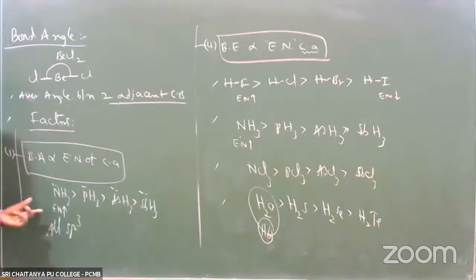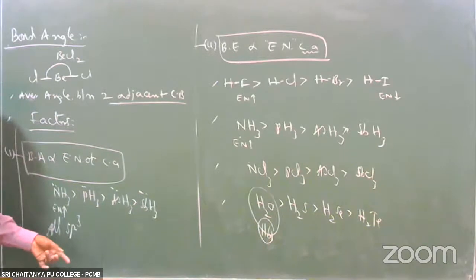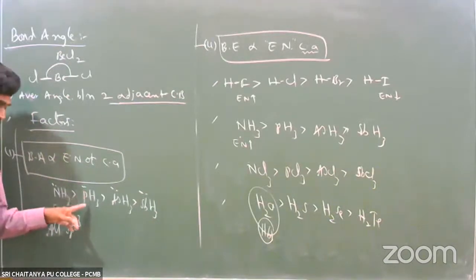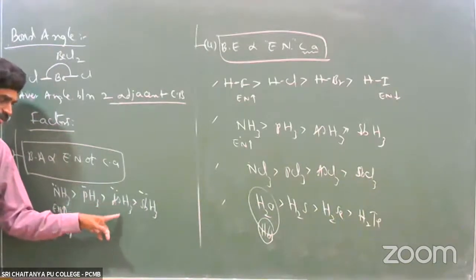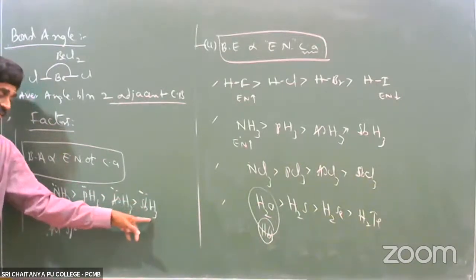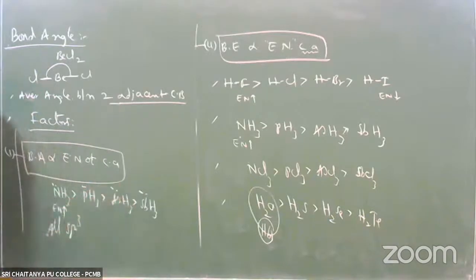Because of that, the tetrahedral bond angle of 109 degrees 28 minutes decreases to 107 degrees 28 minutes for nitrogen. This is 92 degrees for phosphine, this is 91 degrees for arsine, this is 87 degrees for stibine. Like that, the bond angle progressively decreases. Why? Because as electronegativity is more, the bond angle is more. That too, size is less.